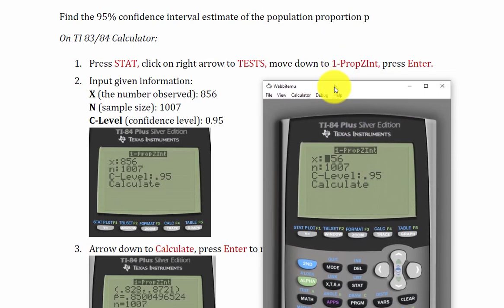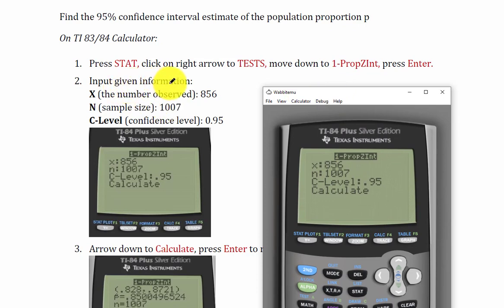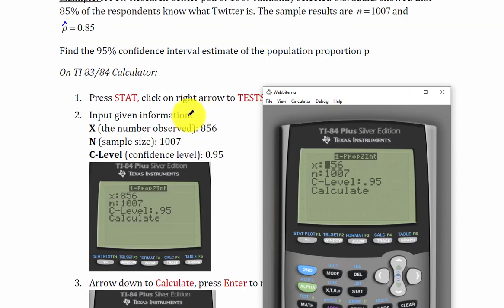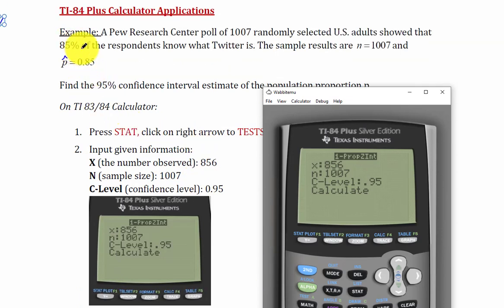And all you do now is input the given information. X is the number of the observed. We know that 85% of the respondents know what Twitter is. This is the point estimate. And 85% of 1,007 people is 856 people who know what Twitter is from this sample, right?